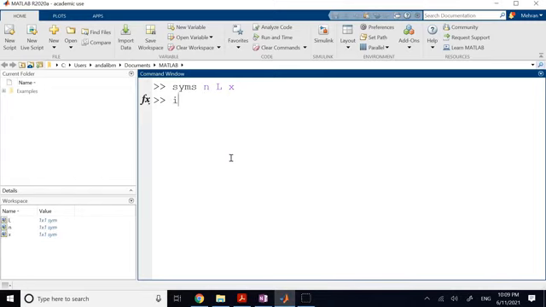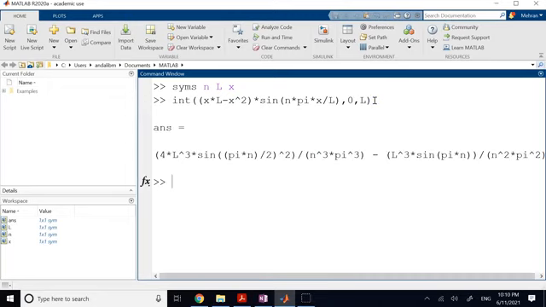And I need to calculate the integral of my function, which is x times L minus x squared times sine of n times pi times x divided by L, and the integral of this whole thing from 0 to L, for which you know you need to do integration by parts.